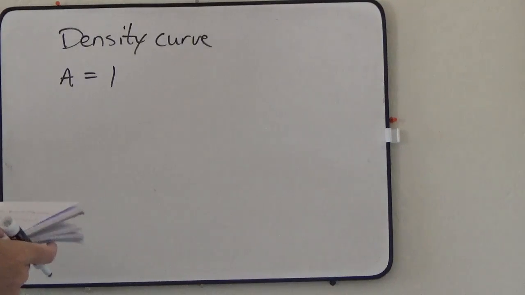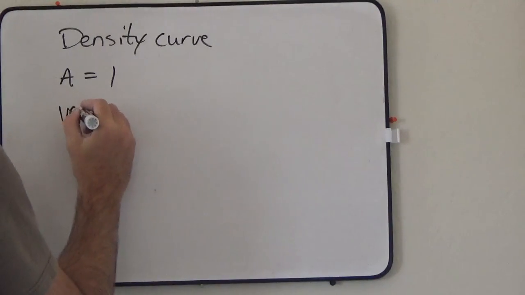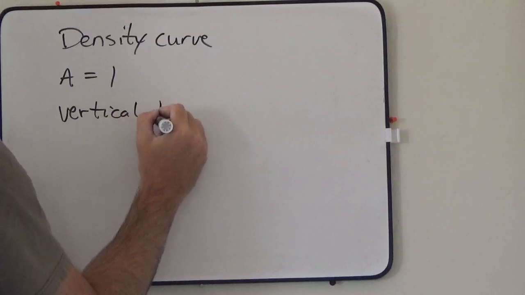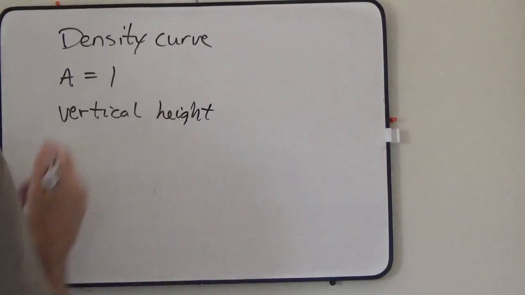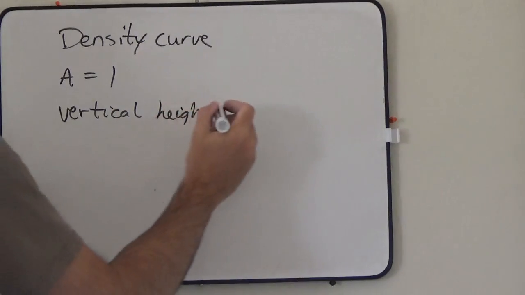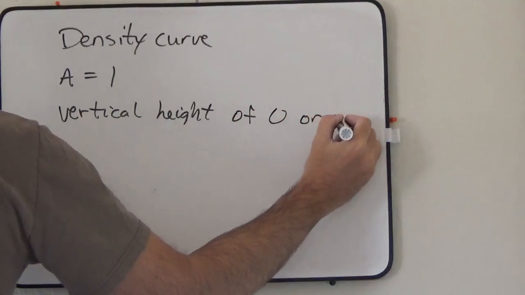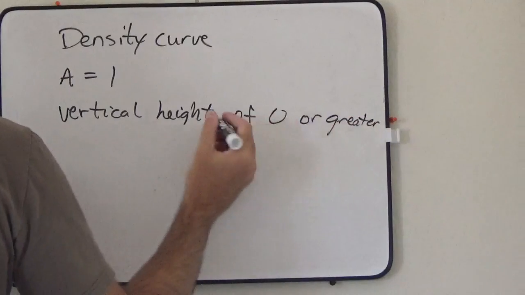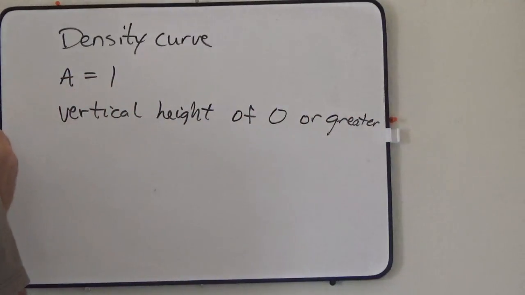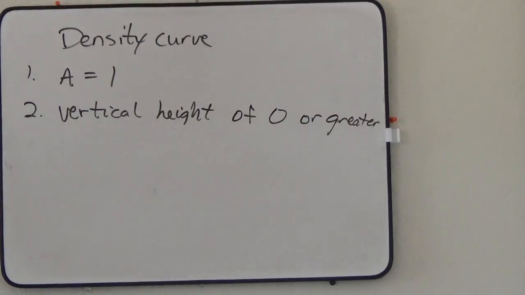And the curve has a vertical height of 0 or greater. I'll show you what this all means in just a second. We'll call this 1 and 2. That's what a density curve shows us.